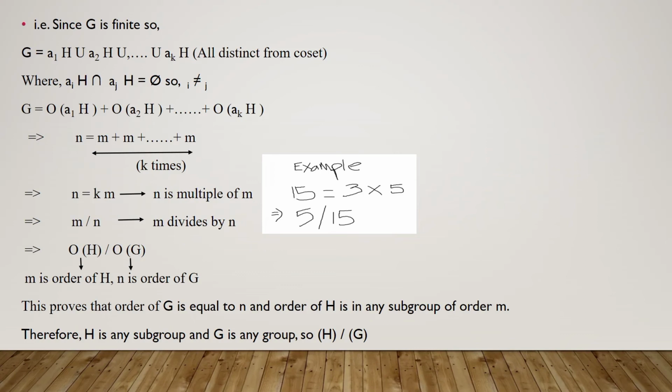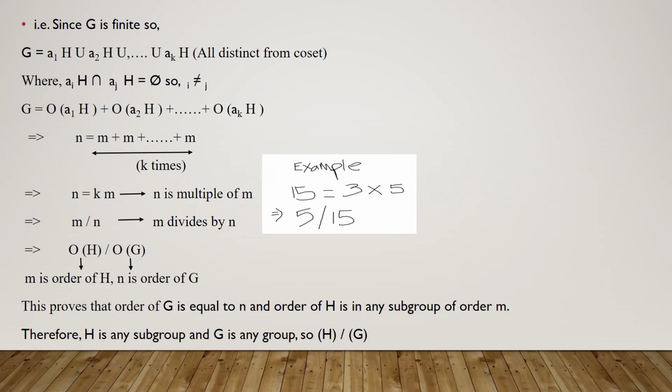Since we have already proved that each coset has exactly m elements, the order of G is equal to m plus m plus m, and so on, plus m, k times. So n is equal to km, and n is a multiple of m. So m divides n.